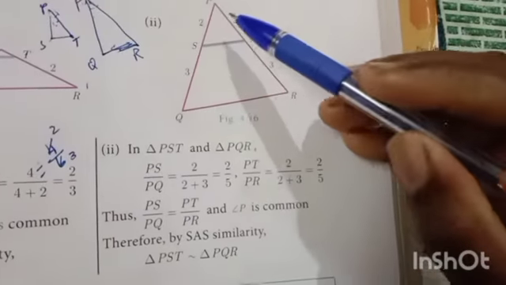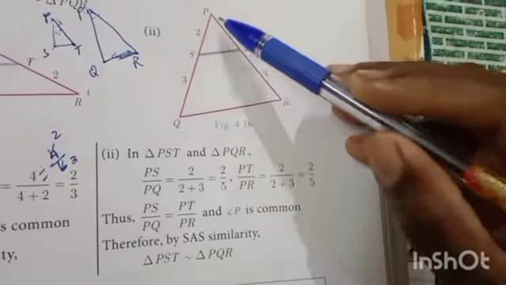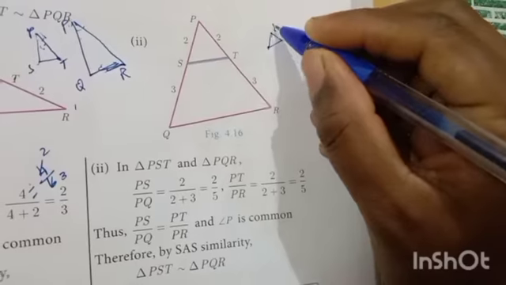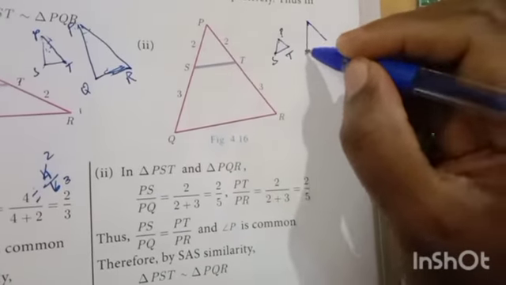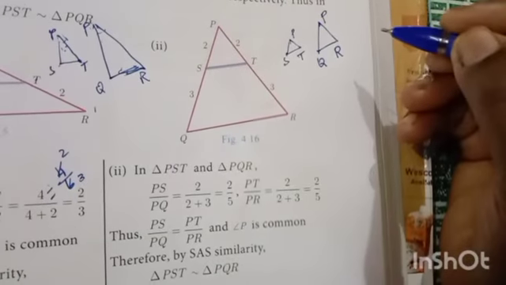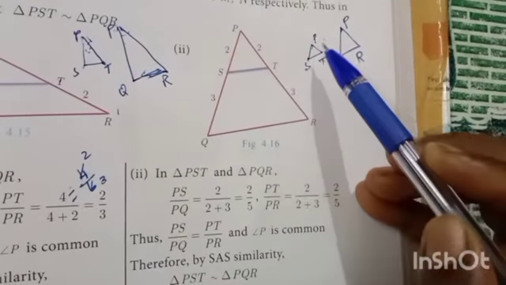For this picture, you have to identify triangle PST and the other triangle PQR. If you need, you can take and write them separately. That is PST, and the other big triangle is PQR. First you have to find their corresponding sides.